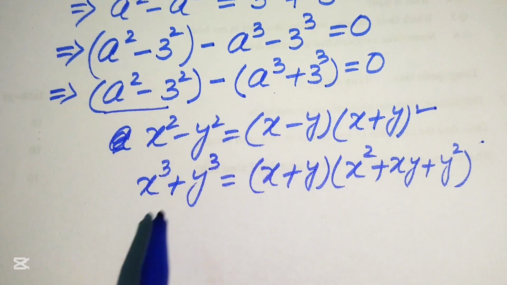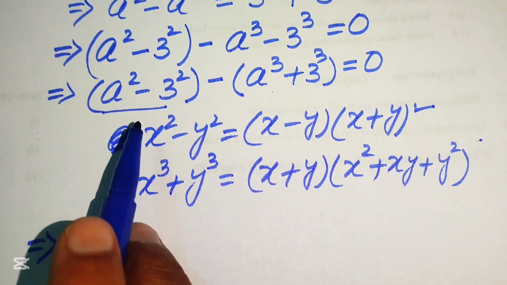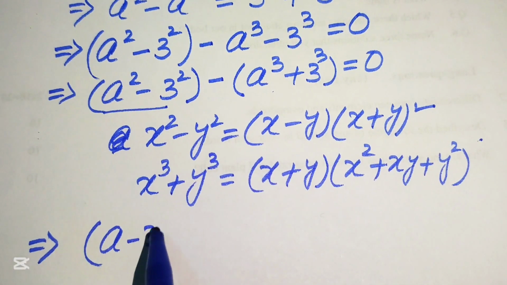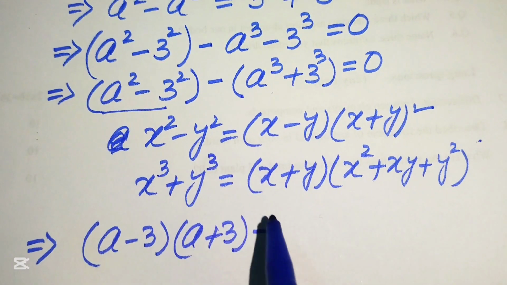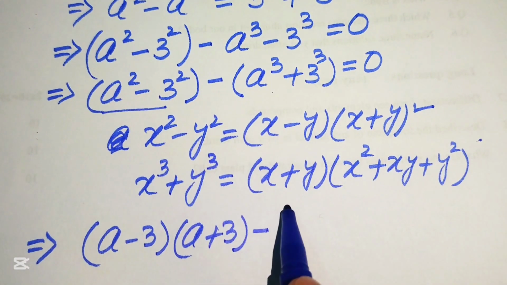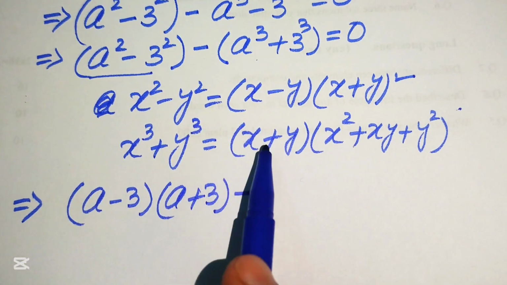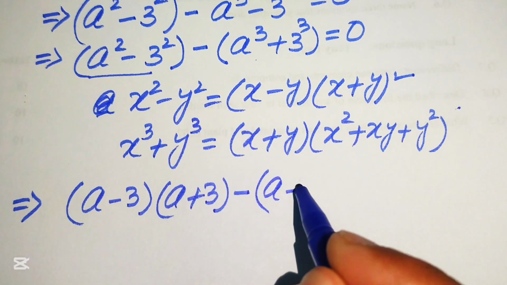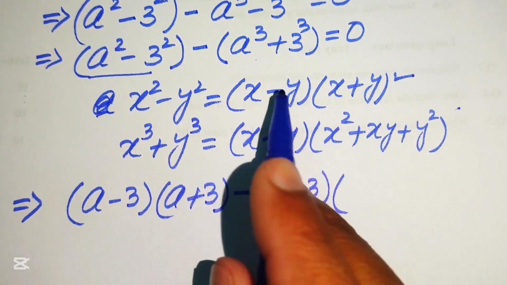So here our first factor, after applying this formula, a squared minus 3 squared will be written as a minus 3 times a plus 3, and minus, here we can apply the cubic formula, and our cubic formula is x cubed plus y cubed. So it will be written as x plus y. Here our x is a, y is 3, into x squared plus xy.